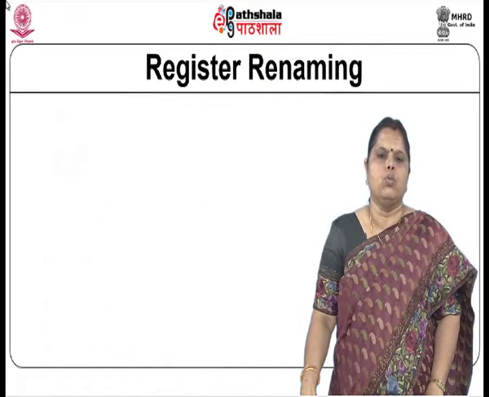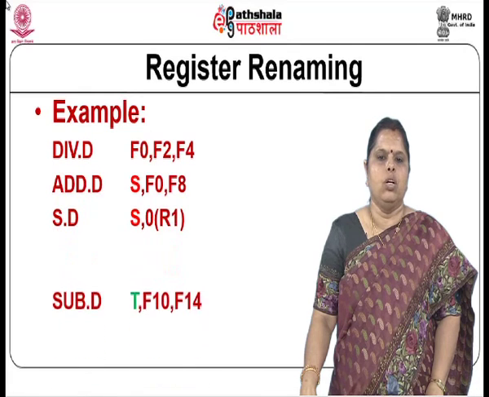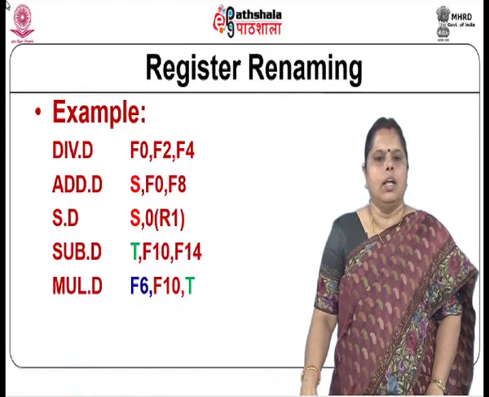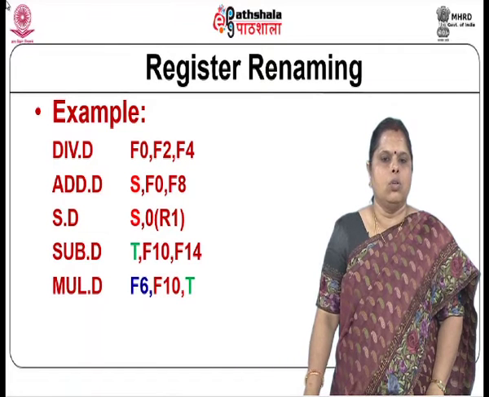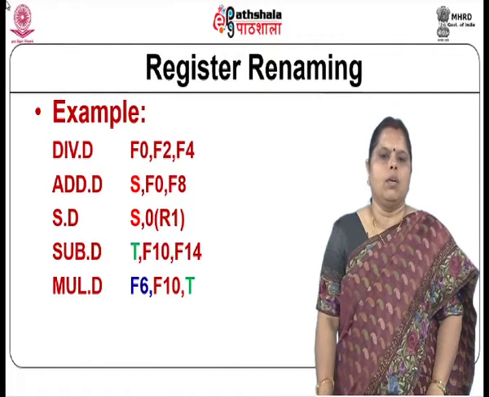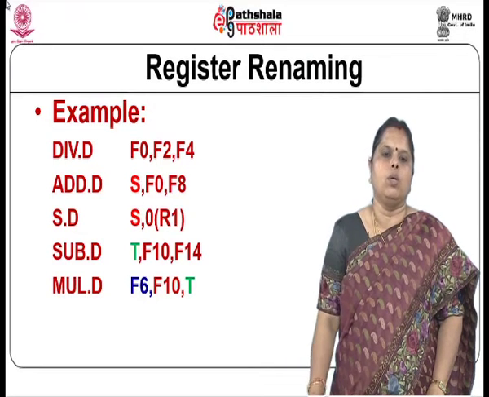If you just use a different register, you see that the name dependence has been resolved. If you use different registers called S and T here, the name dependencies have been resolved. So the program now just has true data dependencies, which will definitely have to be handled. So by just using the register renaming process, we've dealt with name dependencies, and true dependencies alone will have to be handled.